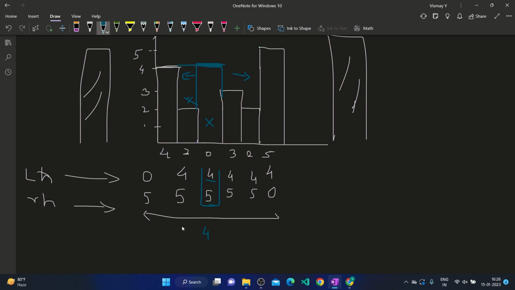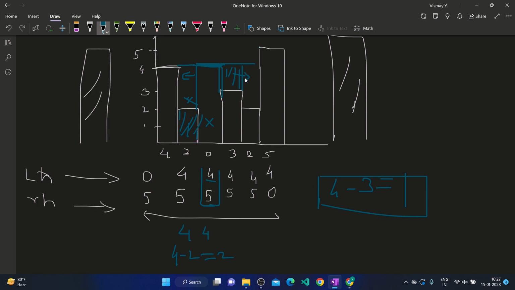The minimum is 4 here, but the water stored here is 2, which means this part will not store any water because it has a bar. So the total water stored is 4 minus 2, which is 2. It is the same for all these elements, as the minimum among 4 and 5 is 4. The water stored here would be 4 minus the height of this building, which is 3, so the amount of water is 1.